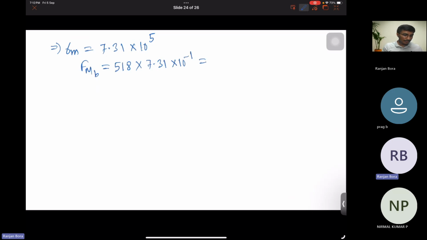So it is 378.6 Newton, and this is the biceps muscle force.